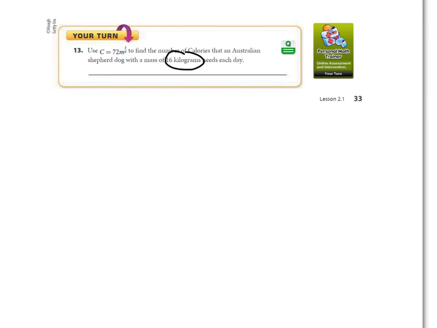So we have C equals 72 times 16 to the 3/4. One thing to note here is the 72 is not attached to the 3/4. If it was, there would be parentheses around the 72 and the m. So the 72 is just going to come along for the ride for a little bit.